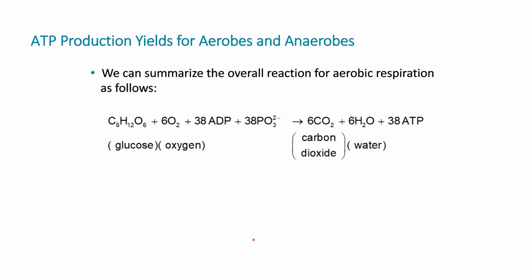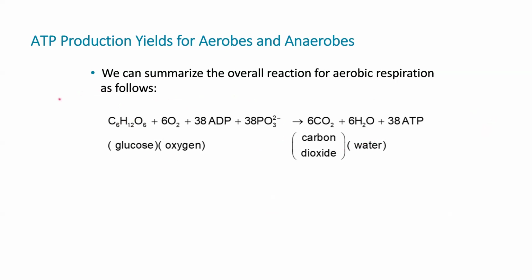And then you can summarize the overall reaction like this, right? I don't expect you to know that, but it's just kind of fun to look at what you actually need to do cellular respiration.